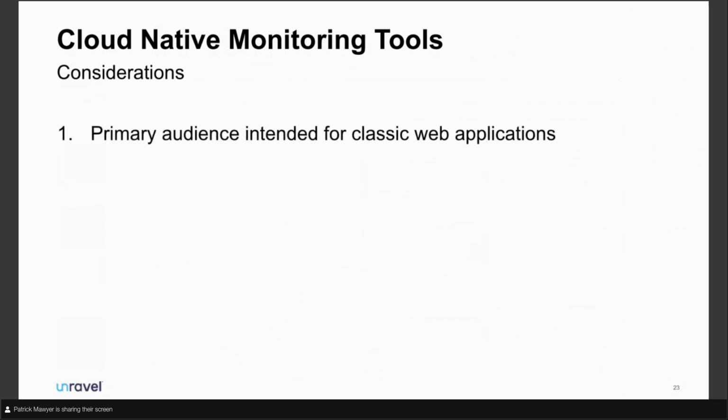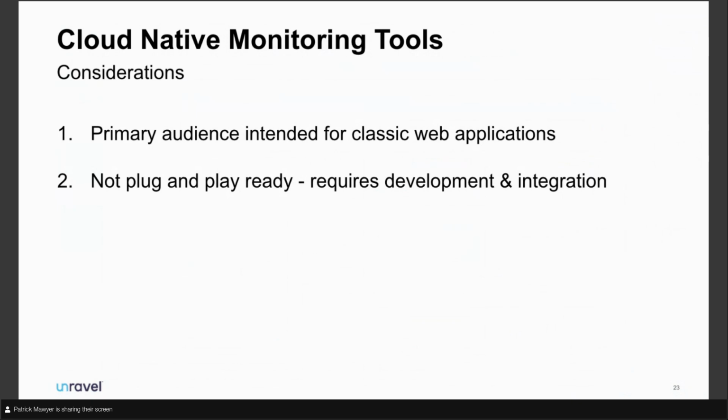But with cloud native monitoring tools, you're going to have to consider a few things. One, the primary audience for those tools is typically classic web applications or things that are more related to their platform. They're not plug and play ready. There's going to be some development effort, some integration that you're going to have to build with Databricks to really get great insights from those platforms using the cloud native tools, which ultimately leads to a cost to maintain.